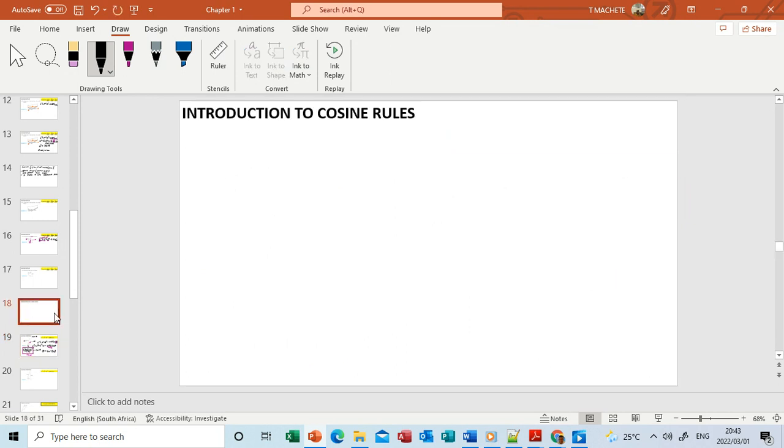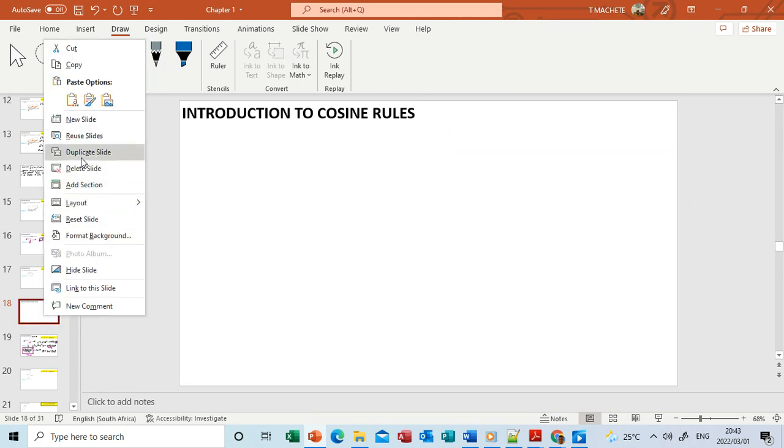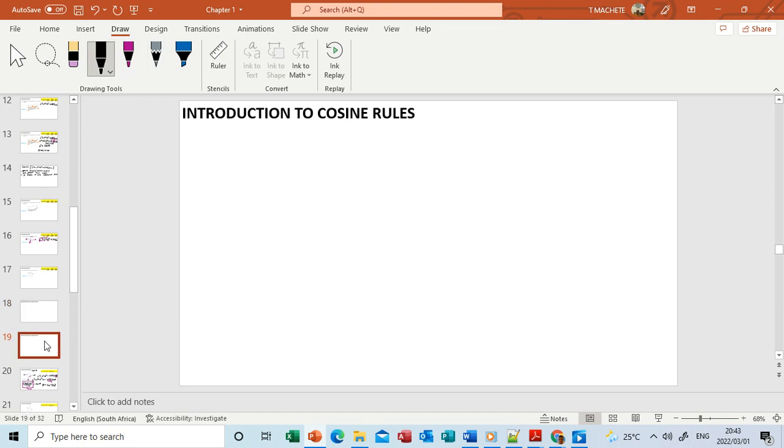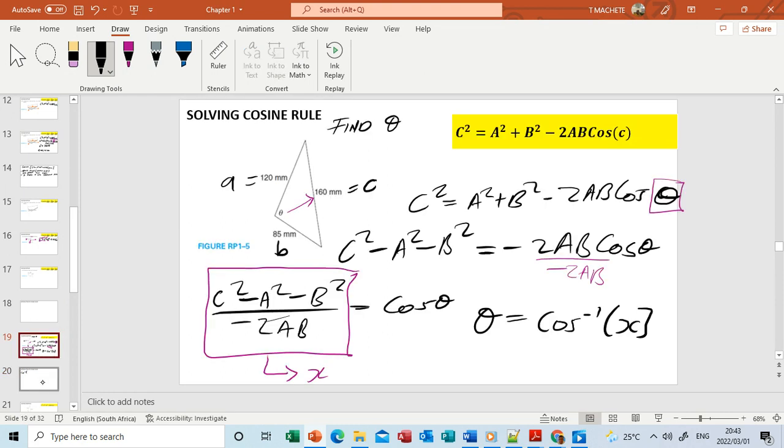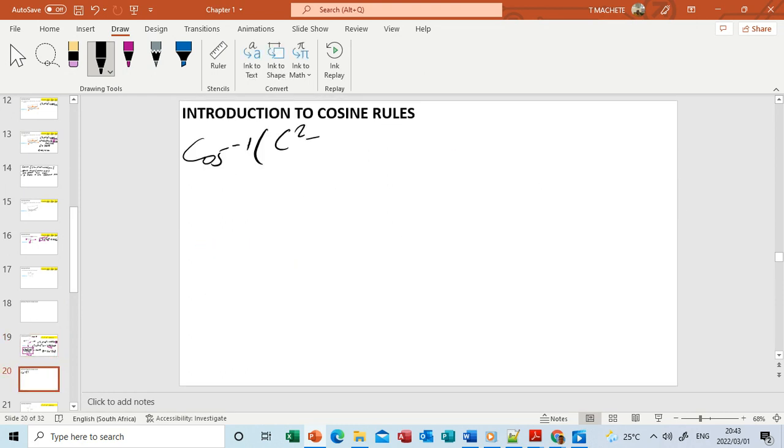I made a mistake, let me duplicate. Okay, so we have arc cos of c squared minus a squared minus b squared over minus 2ab, equals theta.